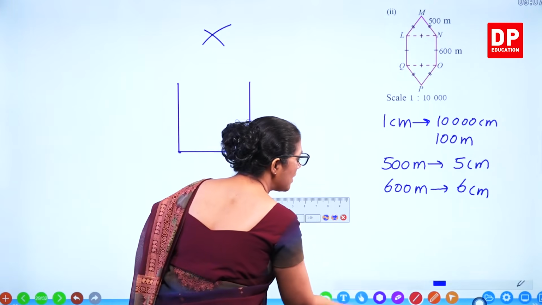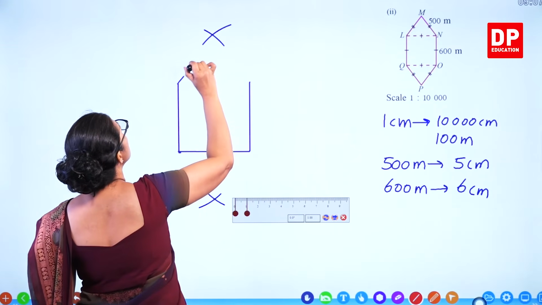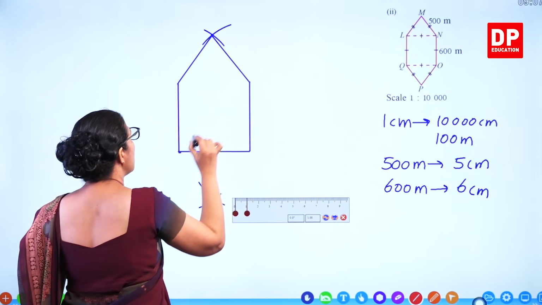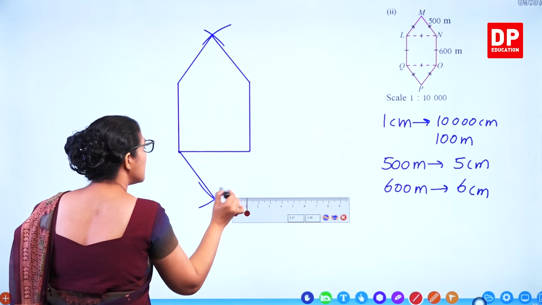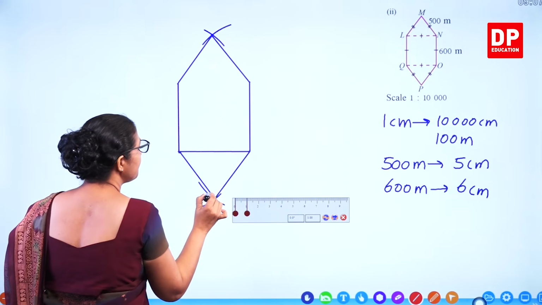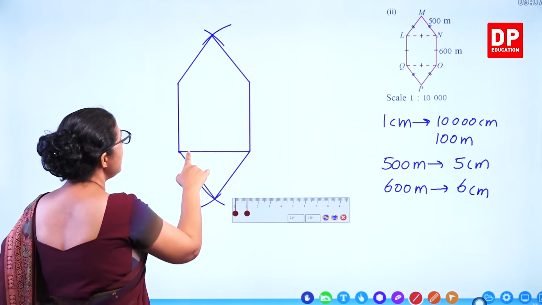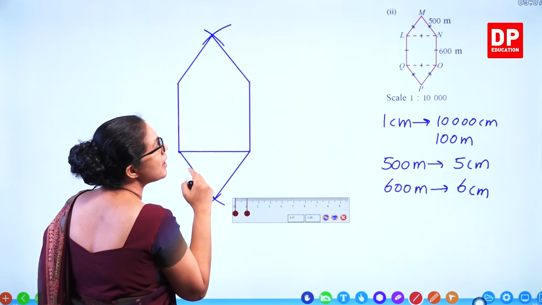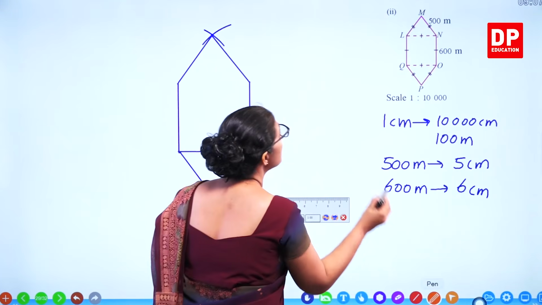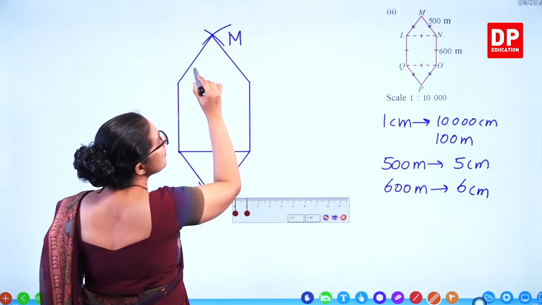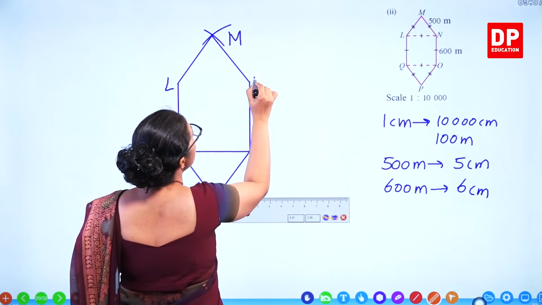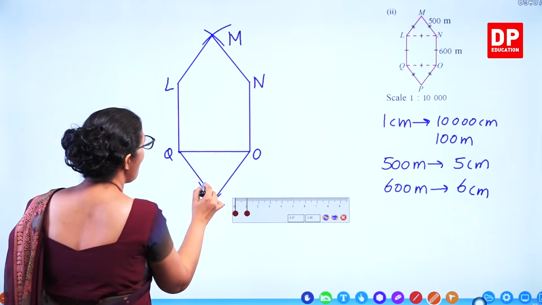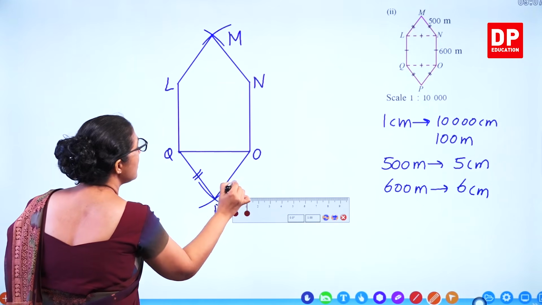You can connect with the ruler. So here to here and here to here and here to here, here to here. So you don't need actually the line here. You can make it a broken line. First we'll mark it M, L, N, O, Q, P. These lengths are equal.